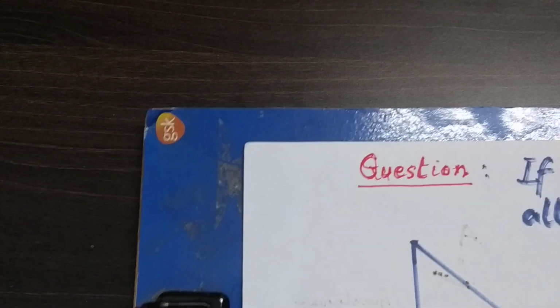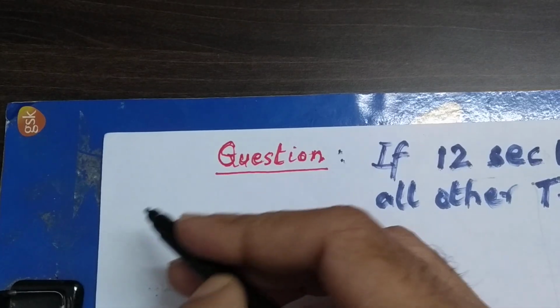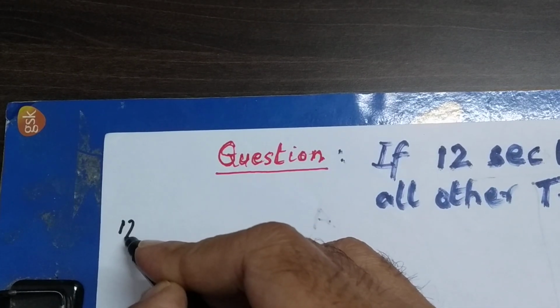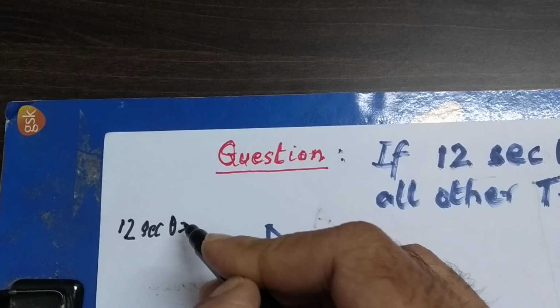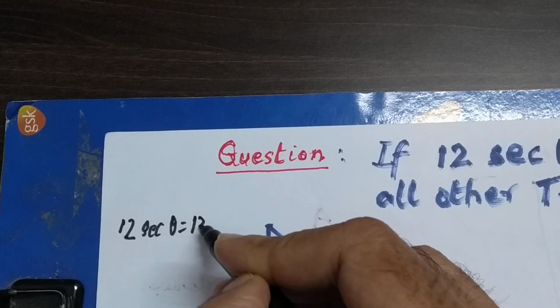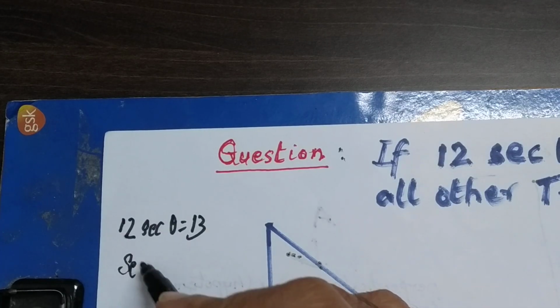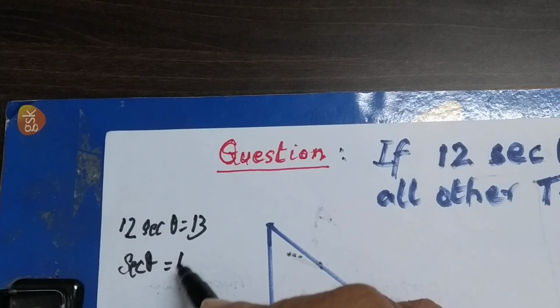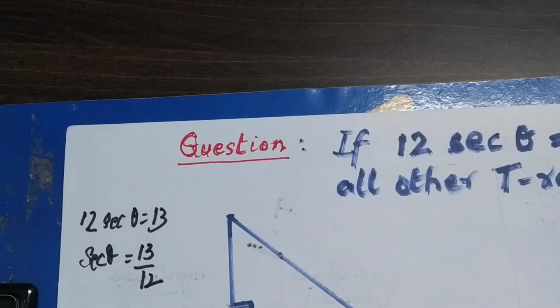I'll just mention here. Here it says 12 sec theta is equal to 13, right? This is nothing but sec theta is equal to 13 by 12, right?